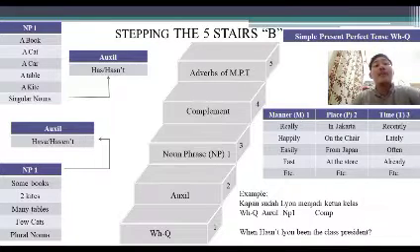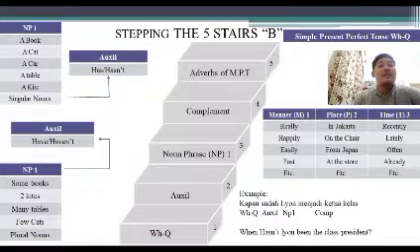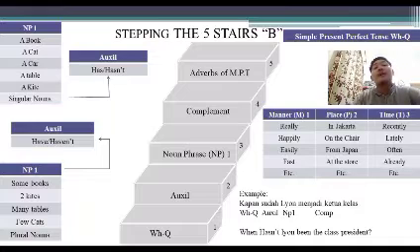For the WHQ simple present perfect tense, the only difference is that we put the WHQ in front of the sentence to become the first stair, and the auxiliary that we use is has or hasn't for singular noun, and haven't or have for plural. Now, the example that I use is kapan sudah Leon menjadi ketua kelas?